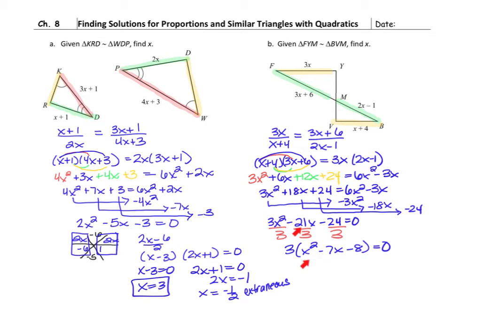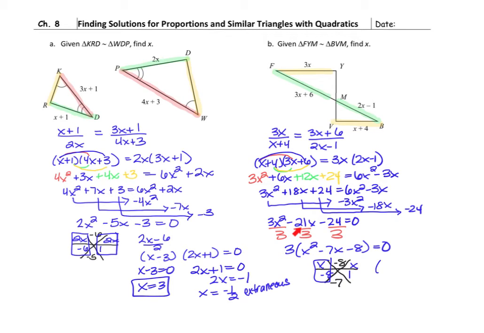Now I can factor this using the diamond. I need two numbers that will multiply to negative 8, and those same two numbers are going to add to negative 7. What are the numbers? Your numbers are going to be negative 8 and positive 1. My coefficient is just a 1, so all that means is I'm going to put just an x above these terms.